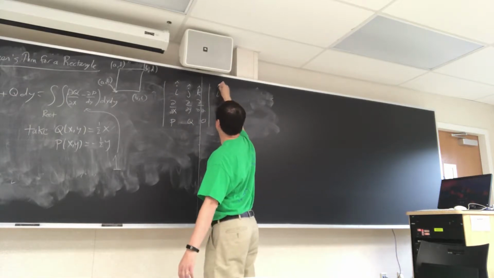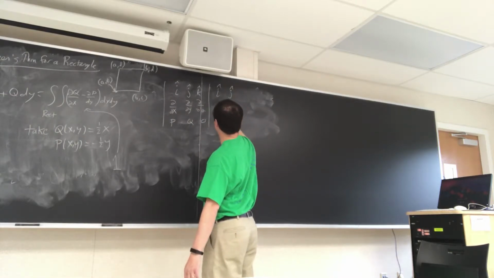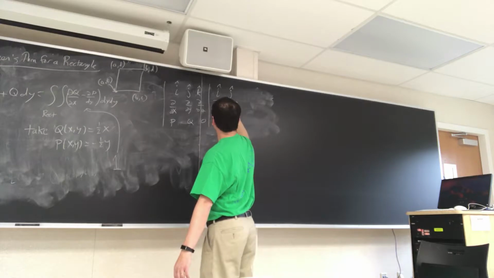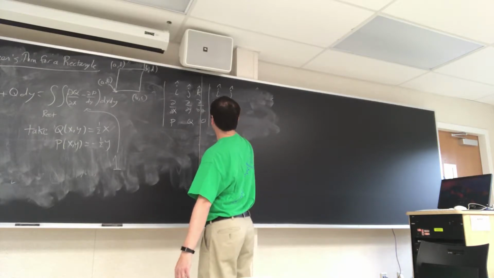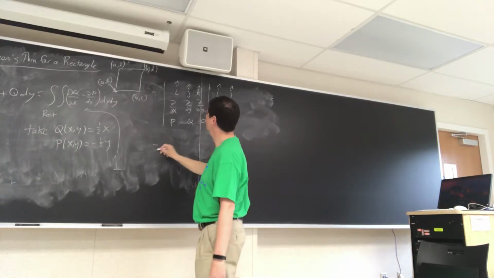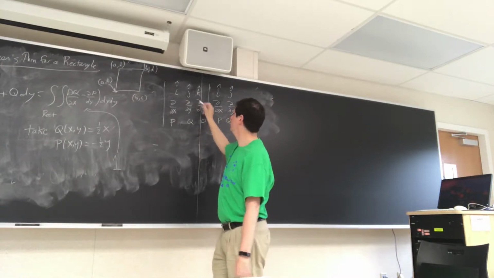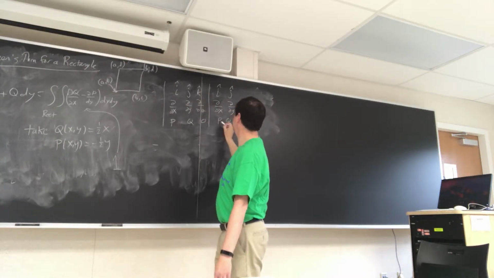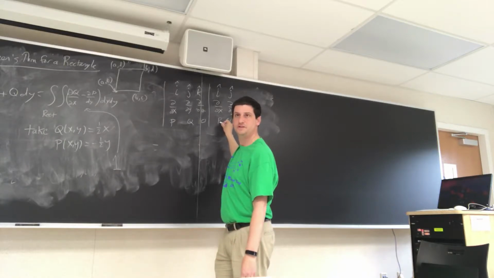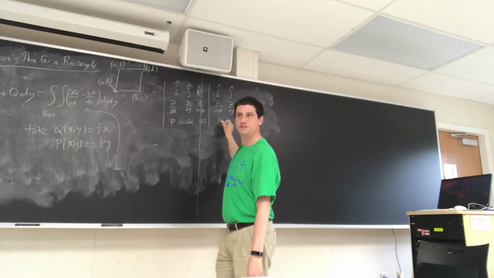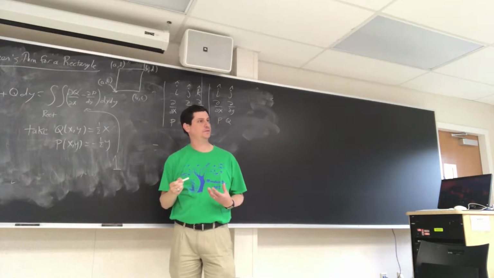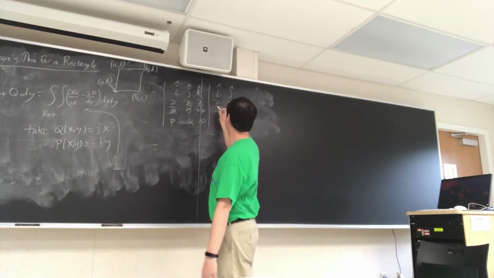And I'll add the two columns again because this is how we do our determinants. And let's just see what we get. So d/dy of 0 is 0. Next one would be d/dz of P, which is 0. P only depends on x and y. And then d/dx of Q.